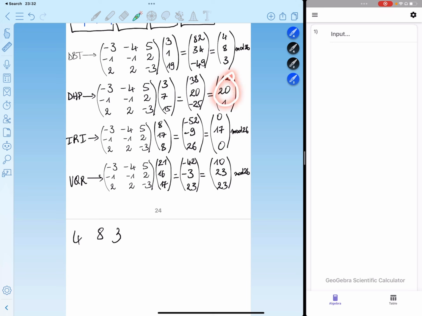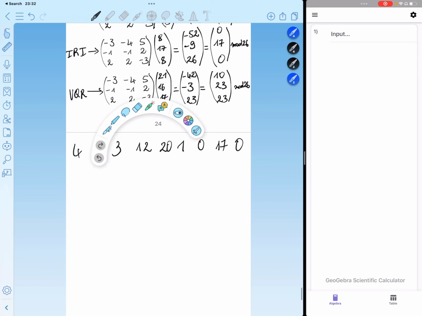Then 12, 21. Then 0, 17, 0. Then lastly 10, 23, 23.